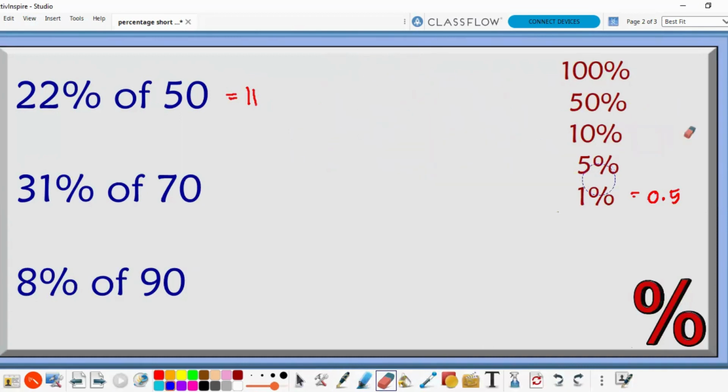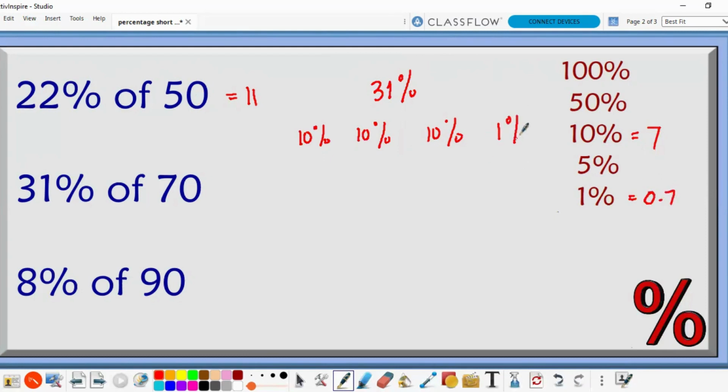Next number, we have 31% of 70. Let's factorize 31%, and that is 3 tenths. 10% of 70 is 7. 1% of 70 will be 0.7, because we still have 1% there to complete the 31%.